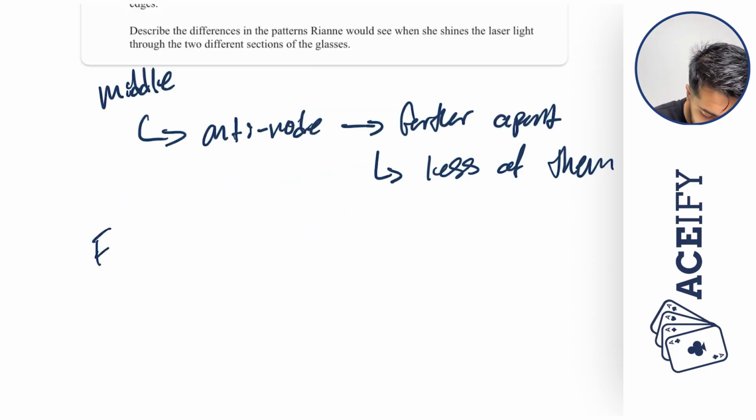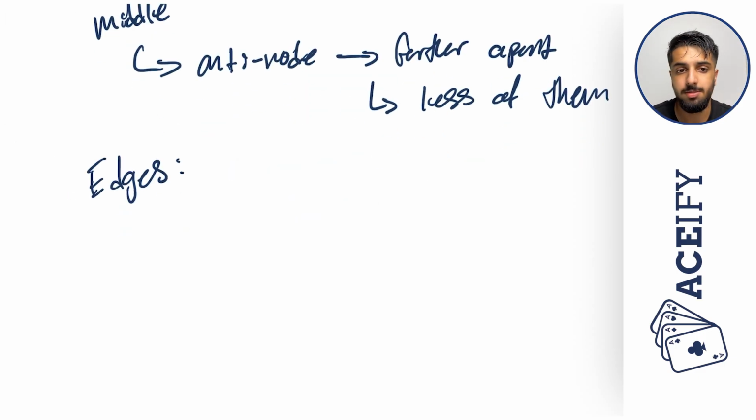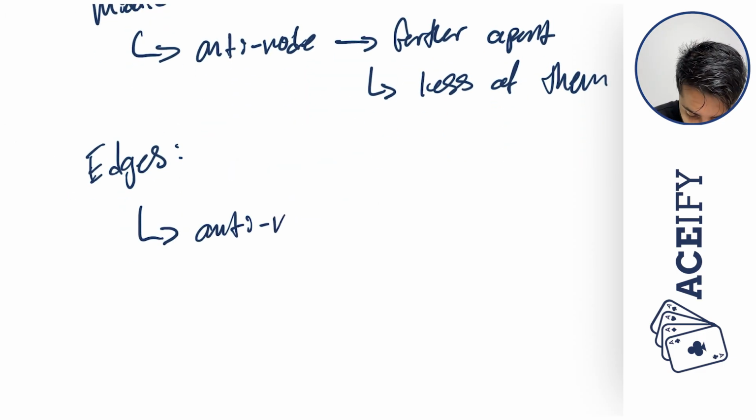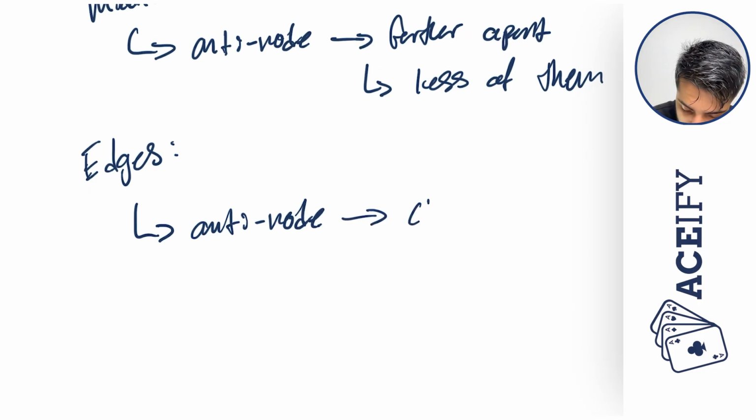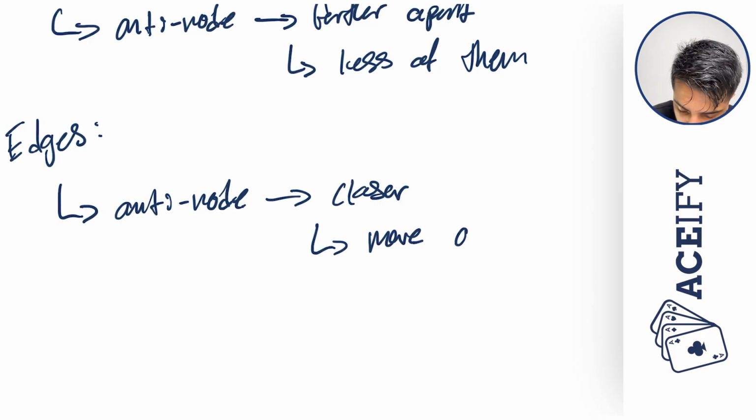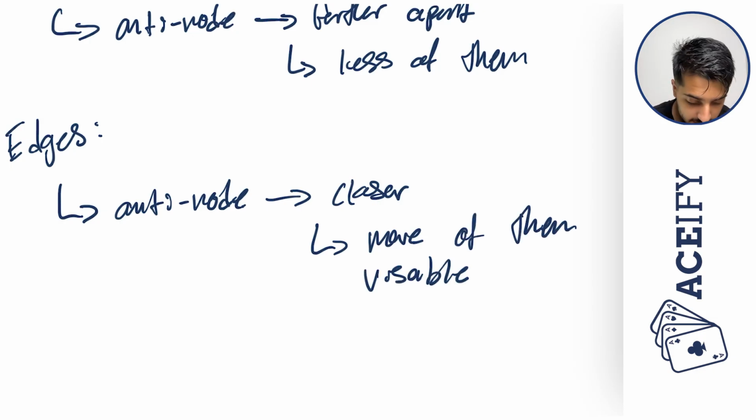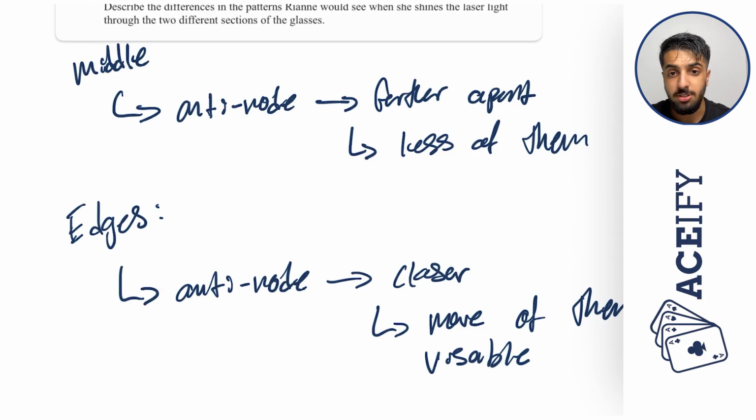At the edges, this is just the opposite. The antinodes, or points of maximum, or bright spots, are going to be closer together, and therefore there are going to be more of them. Based on that, you can write a beautiful answer. Again, you can't just write these bullet points. You have to write coherent sentences.